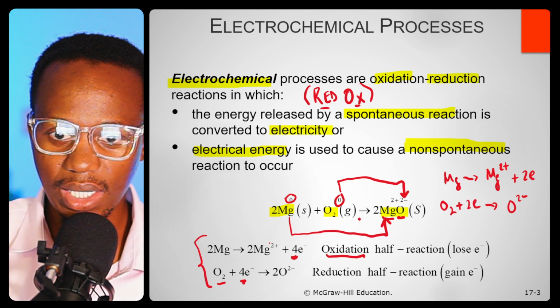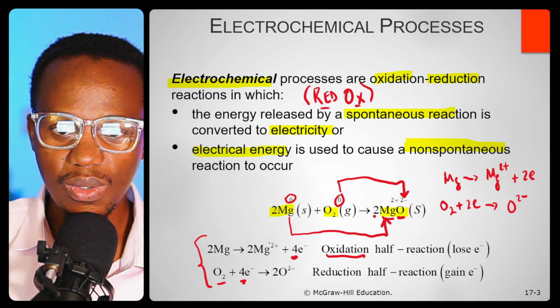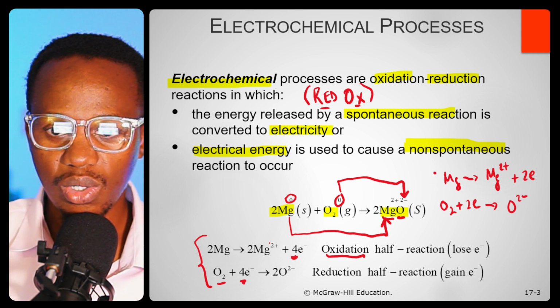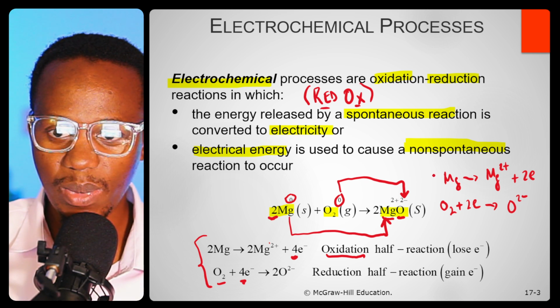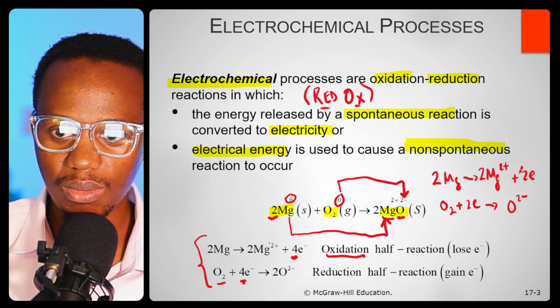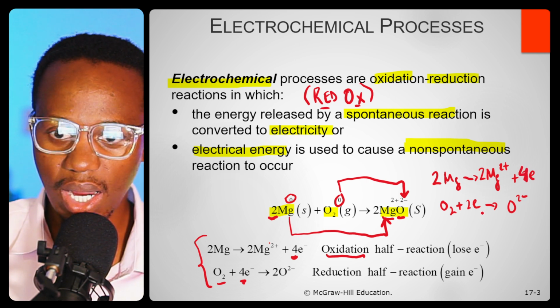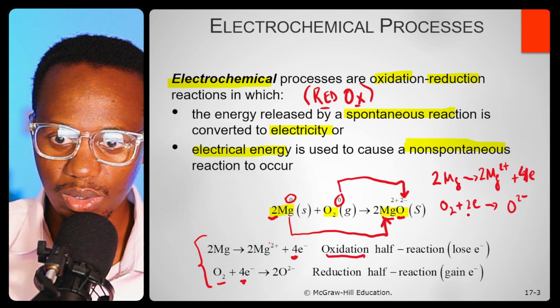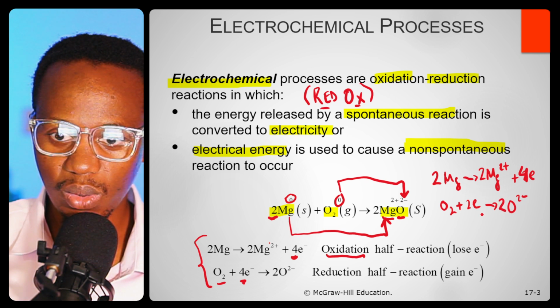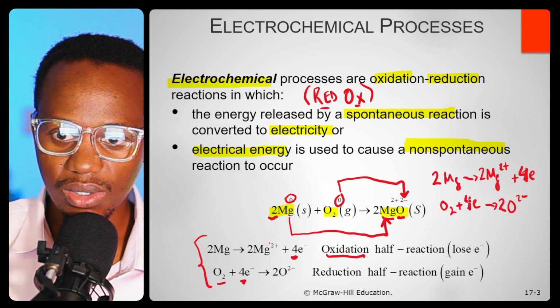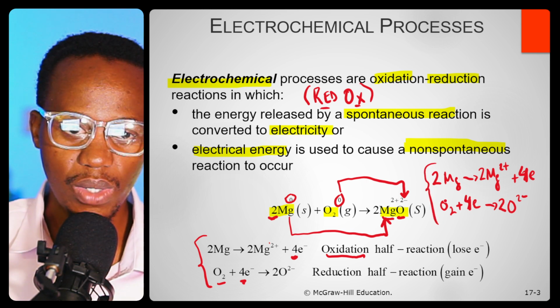But then you look at the stoichiometry in the balancing. You have 2 magnesium, meaning we multiply our electrons by 2. And here you have O2 plus 2 electrons equals O2 minus, but it's not balanced, so it's 2 here, which means it's 4 electrons. So this is how we do half reactions.